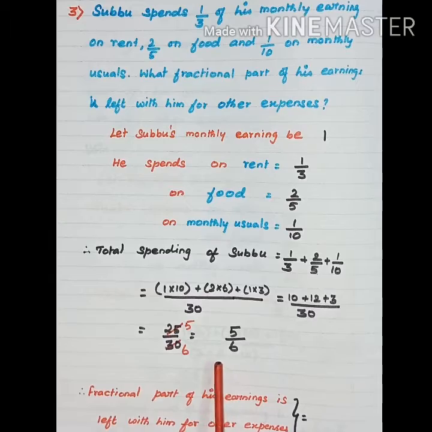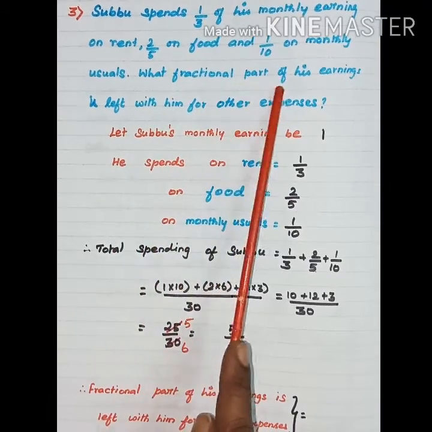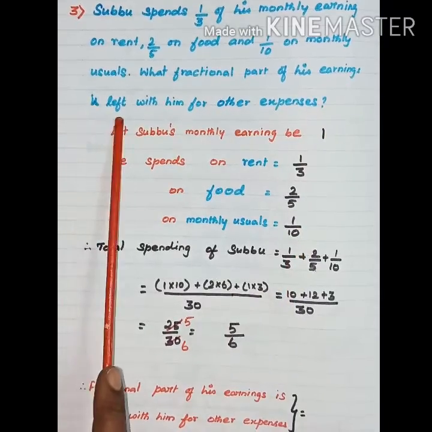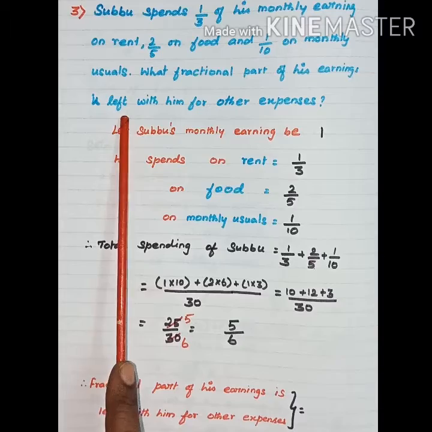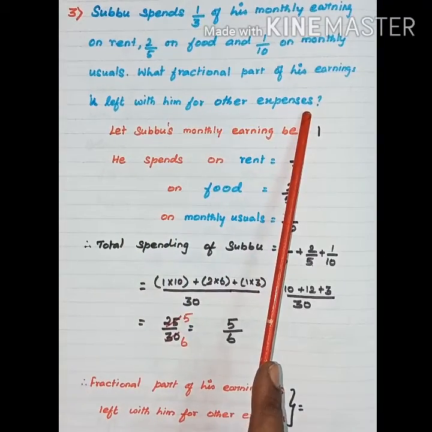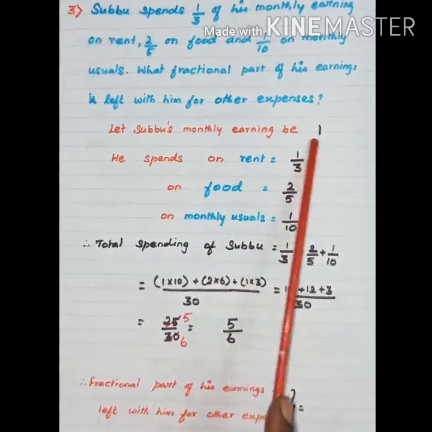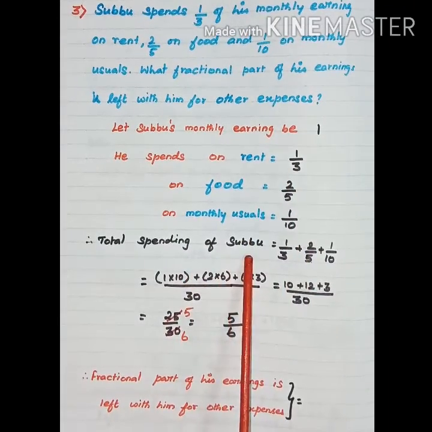The question asks to find what fractional part of his earning is left with him for other expenses. Since the word left comes, you have to subtract. The monthly earning is 1, and this is the total spending of Subbu.